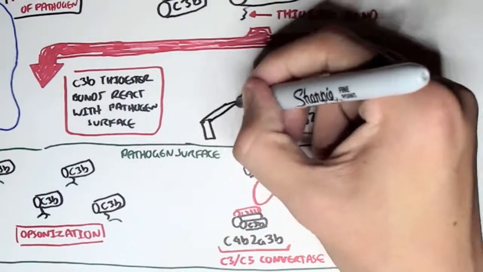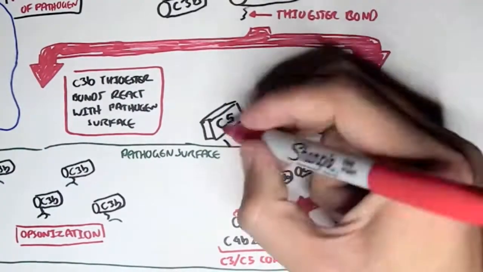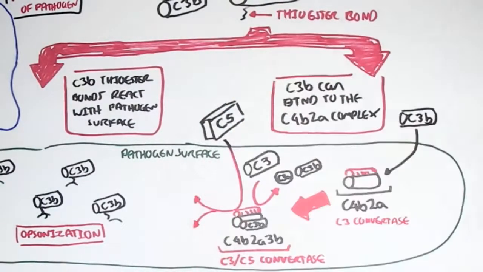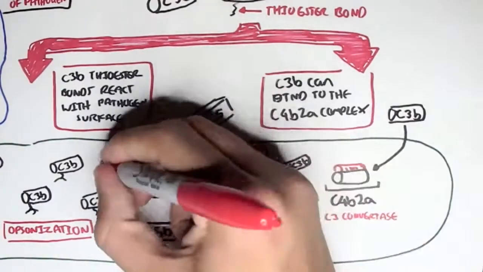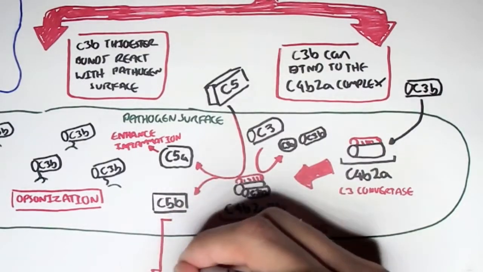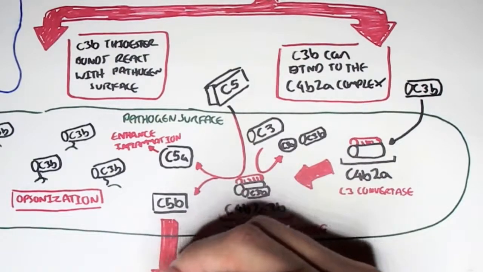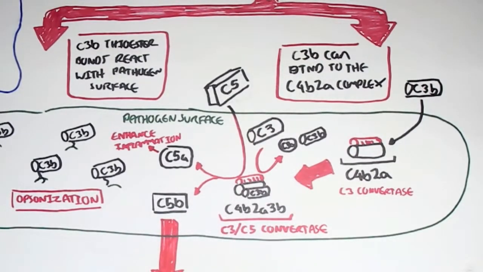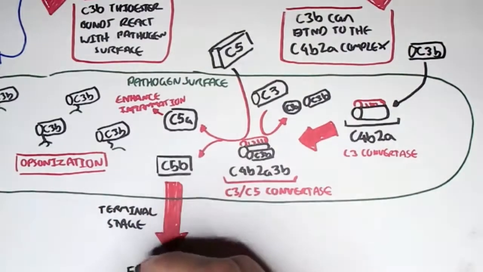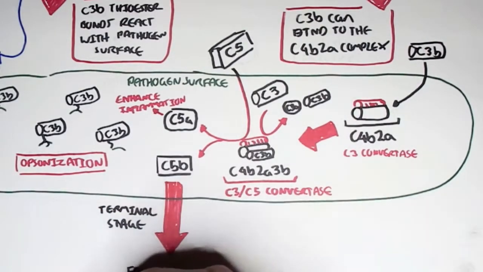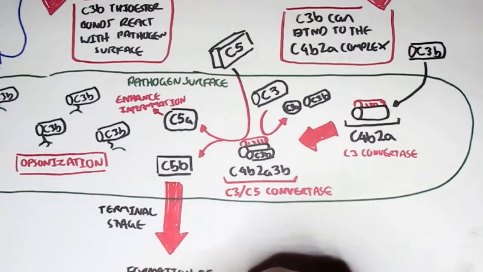And now it can also cleave and activate C5 to C5a and C5b. And remember, C5a can enhance inflammation, or it can bind to the macrophage's receptor. C5b is an important protein because it initiates the terminal stage, the formation of the membrane attack complex, abbreviated MAC.